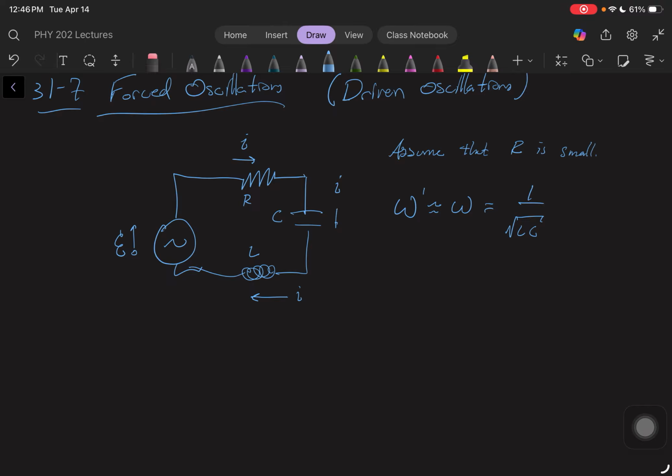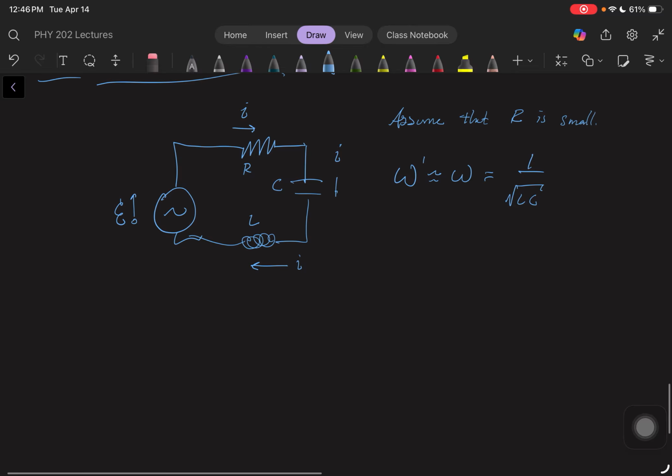And so let's compare, and we can say this is going to be the natural frequency or the resonance frequency. And if we wanted to be more correct, which of course we do, the natural angular frequency.